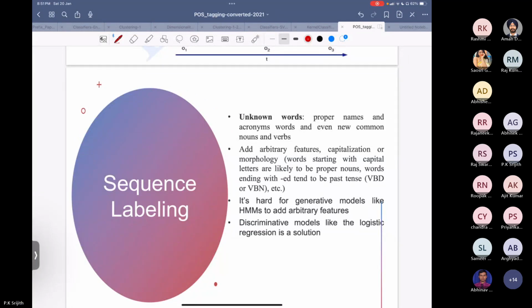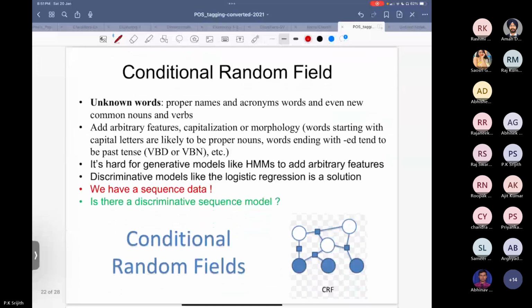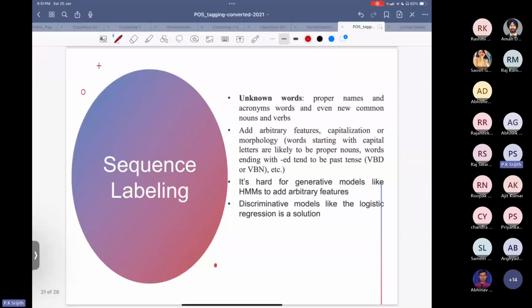So if you are using a hidden Markov model, you want to exactly model this P of xt given yt, right? Where xt you are assuming as a word and yt is a label.